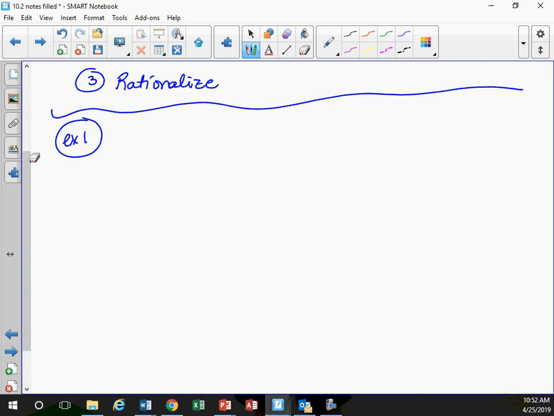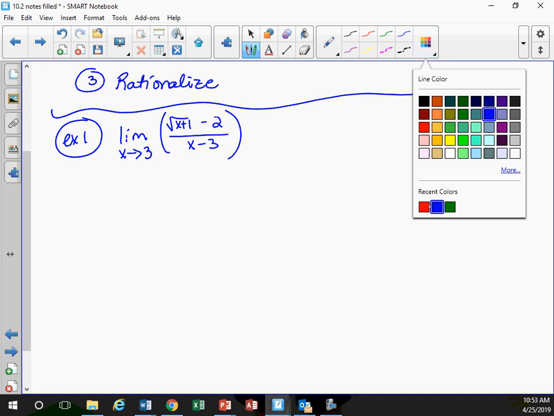All right, so this one, let's do the limit as x approaches 3 of square root of x plus 1, minus 2, all over x minus 3.